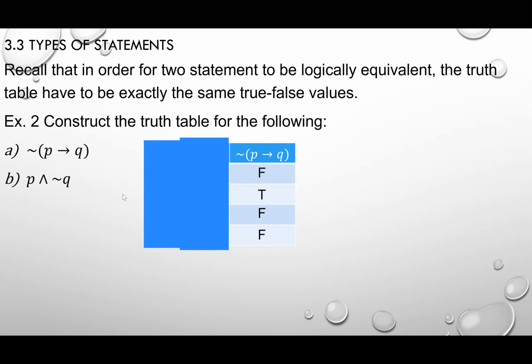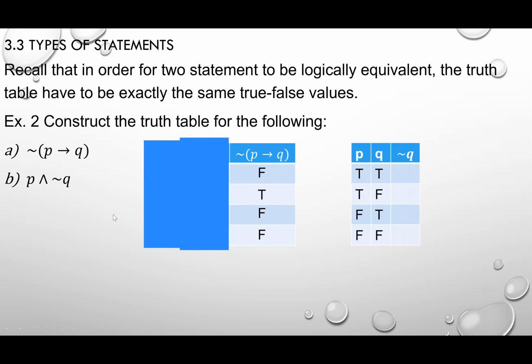And B, if we do B, do you agree that P and Q are our starter kit? We know that we need to do the AND statement, but before we can do the AND statement, we know that we're missing the negation of Q. Negation of Q, as always, will be the opposite of Q, which is false, true, false, true. Now we have the two items we needed.